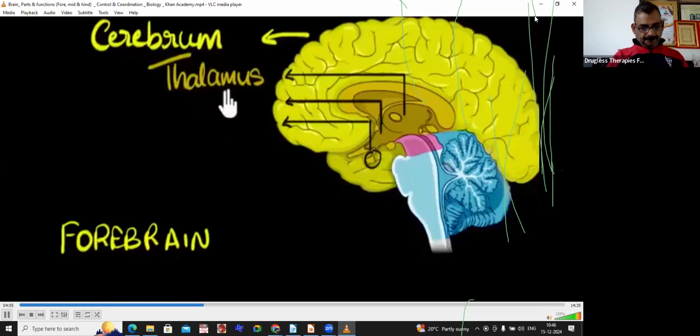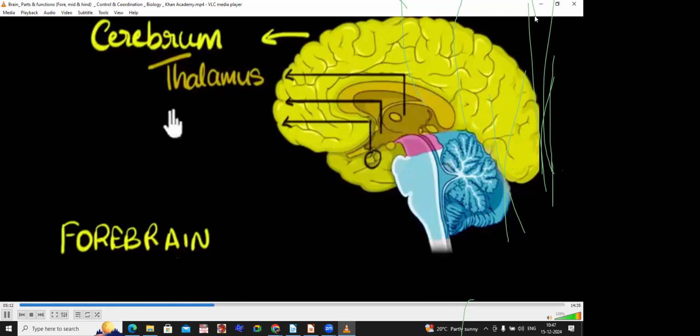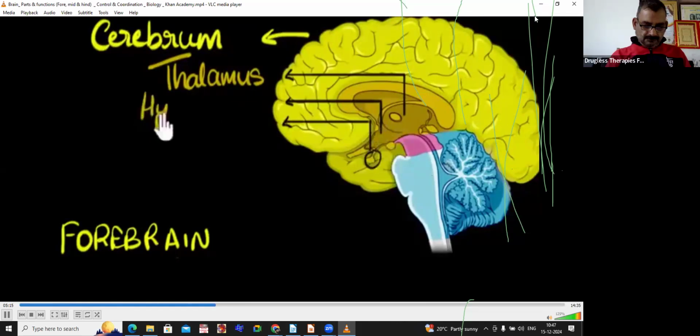These are all Greek names, so it will not make sense to us. But I looked up, thalamus kind of means an inner portion or inner region. That's basically what this is, right? It's the inner region of our forebrain. The part that comes below that is called the hypothalamus.